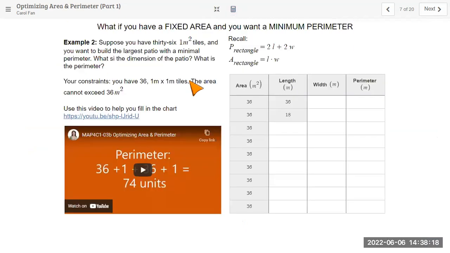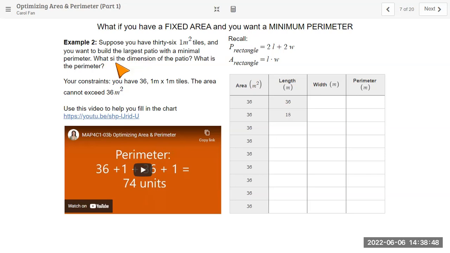Okay, now we're going to do a question similar now, but this time I want a minimum perimeter. So sometimes you want to have a small perimeter, but you're given an area that's fixed. So an example of this would be, suppose you had 36 1-meter square tiles, and you wanted to build the largest patio with the minimal perimeter.